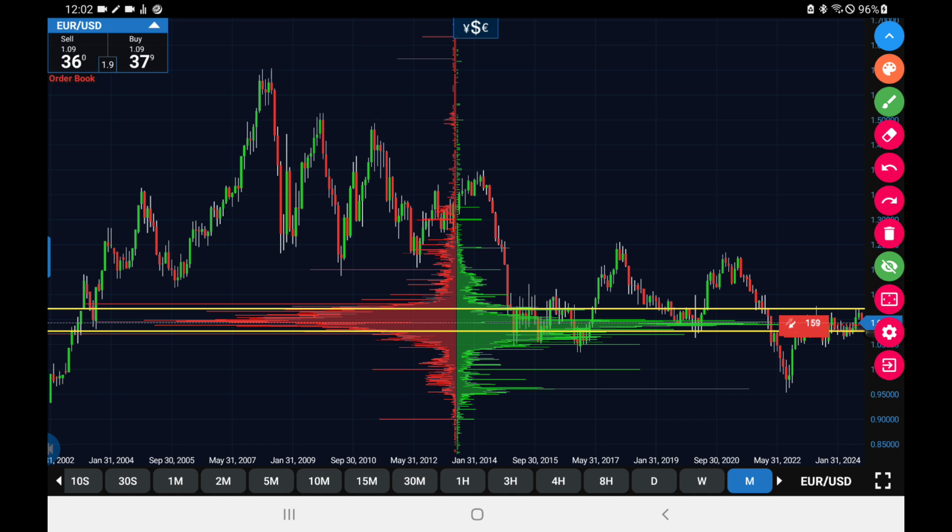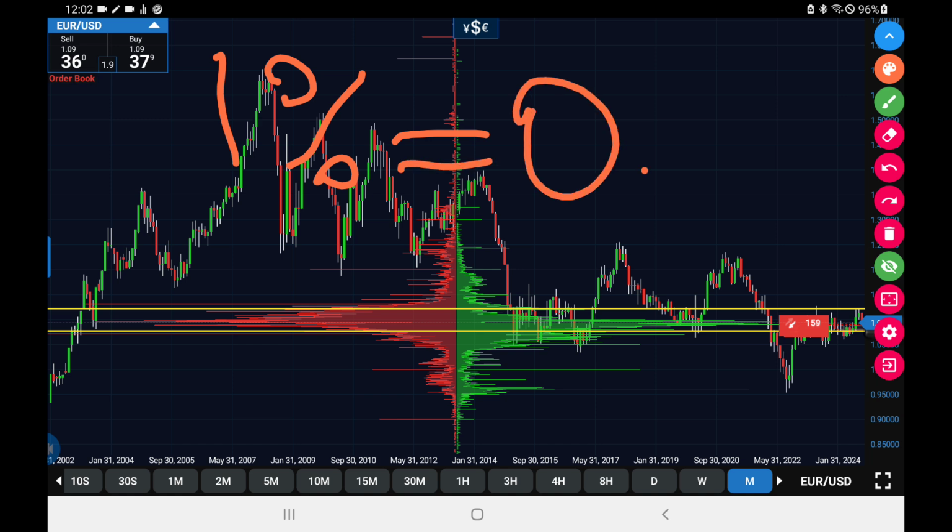And that is for every 1% in the cryptocurrency market for a take price or a stop loss, it is equal to 0.1% in the Forex market. This simple equation lets you move back and forth between both markets with the exact same strategy.